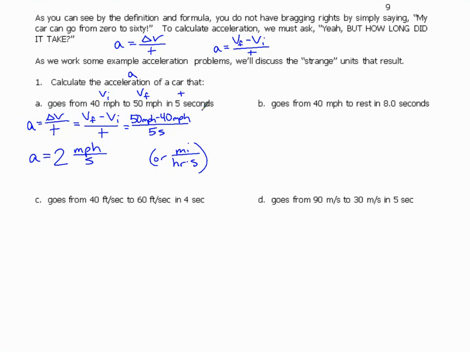B, a car that goes from 40 miles per hour to rest in 8 seconds. Goes from 40 miles per hour, that's an initial velocity, to rest, that's going to be a final velocity, and specifically, that's a final velocity of 0 miles per hour.